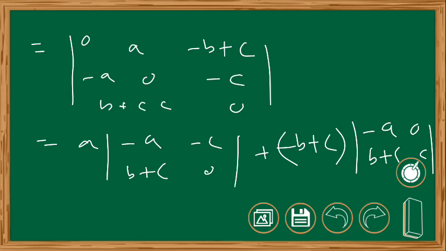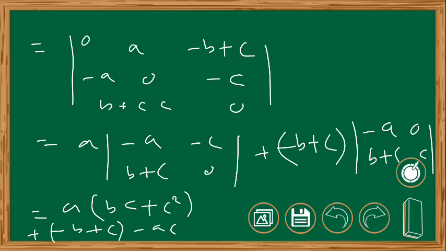Clear? So now what is left? Let us see. A into this one is 0. Now minus minus it will be plus, so bc plus c square. Now here minus b plus c, and it will be left, it is minus ac. Is that clear? So if I do this, let me use this part of the board.